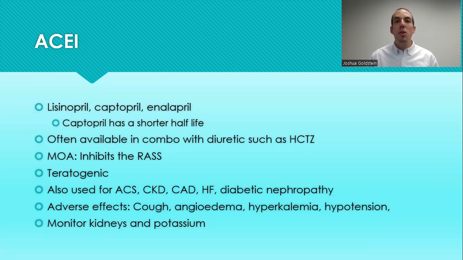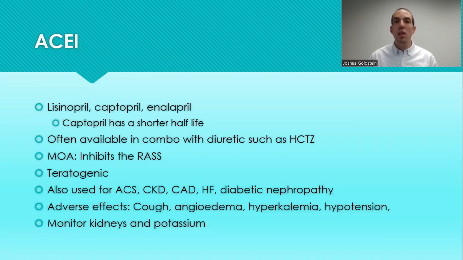So what happens in both of these cases? Well, if I vasoconstrict, I'm going to have higher blood pressure, and if I hold on to fluid, I'm going to have higher blood pressure. So the renin-angiotensin-aldosterone system is very effective at increasing our blood pressure. Therefore, blocking that system is a key component in addressing hypertension.